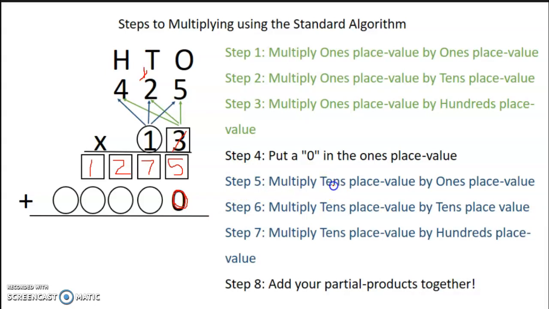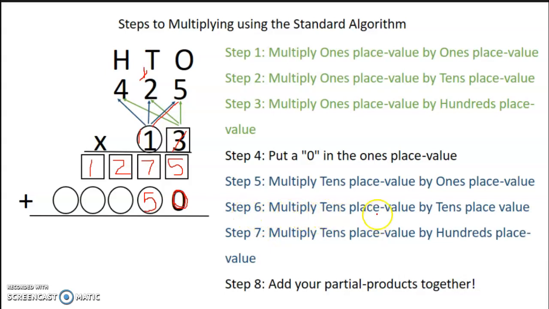Step 5, multiply tens place value by ones place value. Okay, so this is where some people forget. We need to go back and multiply this 10 times 5, which is what? 50. That's right. So I have my 0 here in 50, and I'm going to put my 5 in the tens place value.